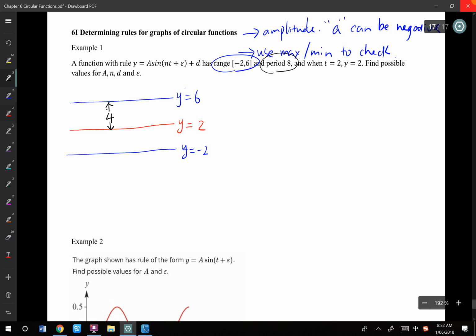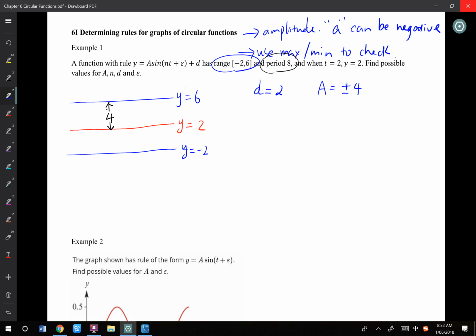Okay, let's write down what we know already. So I will definitely know my d value is 2. A can be plus or minus 4. I don't know yet. It's possible to be minus 4, but it's also possible to be 4. Depends on the shape of the graph.